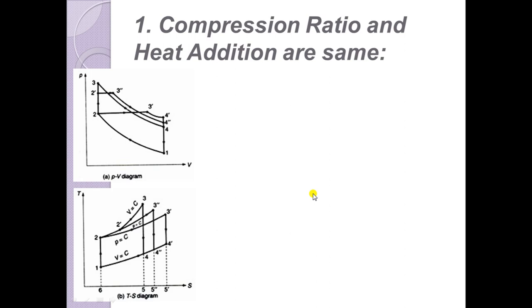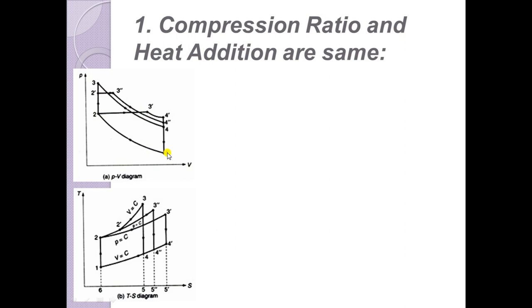Before moving further, with the help of PV and TS diagram, first we see which cycle is going to represent Otto cycle, diesel cycle as well as dual cycle. The cycle 1, 2, 3 and 4 represents an Otto cycle.